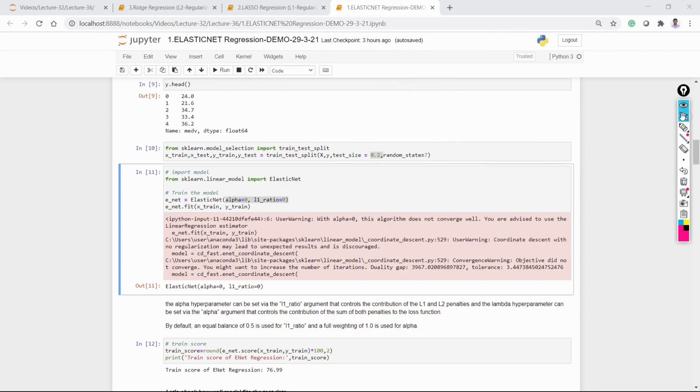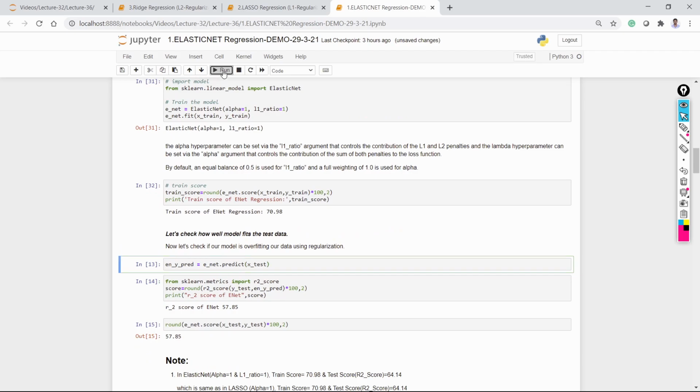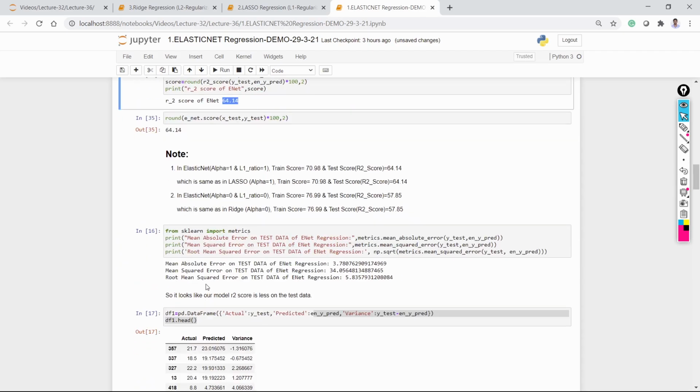So here I am changing the alpha value and the L1 ratio, from 0 to 1, alpha value 1 and L1 ratio 1. I executed it. So my train score changes to 70.98, and the test R2 score is 64.14, and the mean absolute error, mean square error, root mean square error are 3.58, 28.97, 5.38.